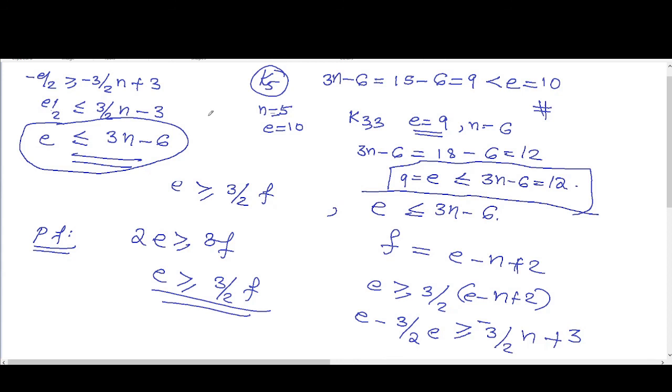Now we consider another proof here. Consider K33.